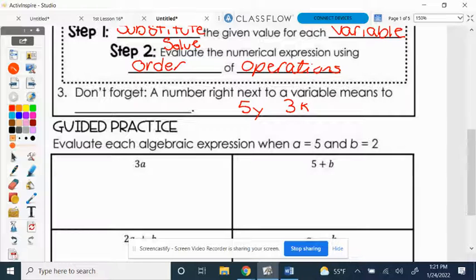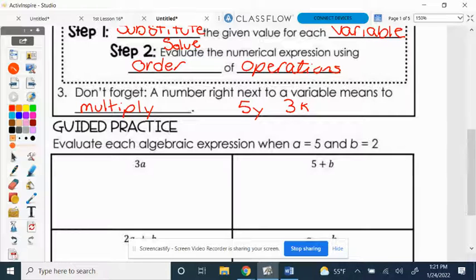Bryson, what are you going to do? When you have a number right next to a variable, what does it mean? Multiply. So I don't even need an operation sign. I just know that right there means to multiply.